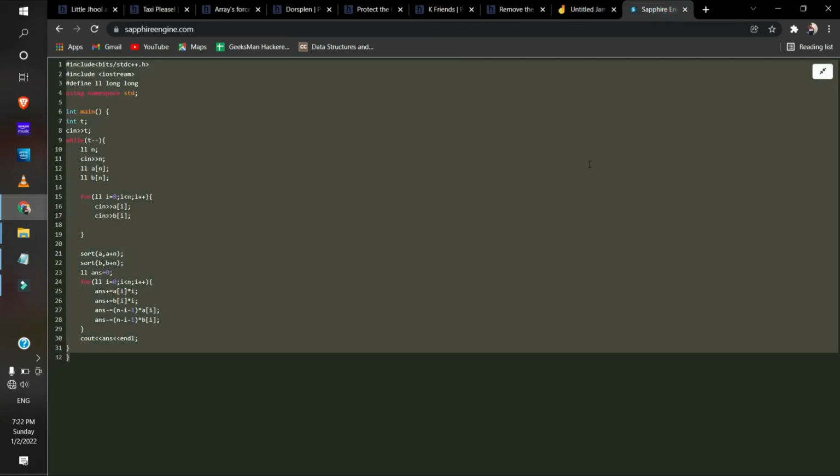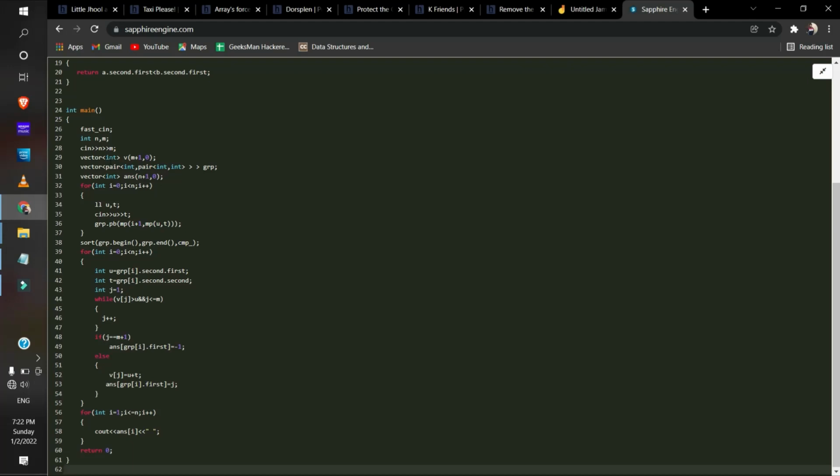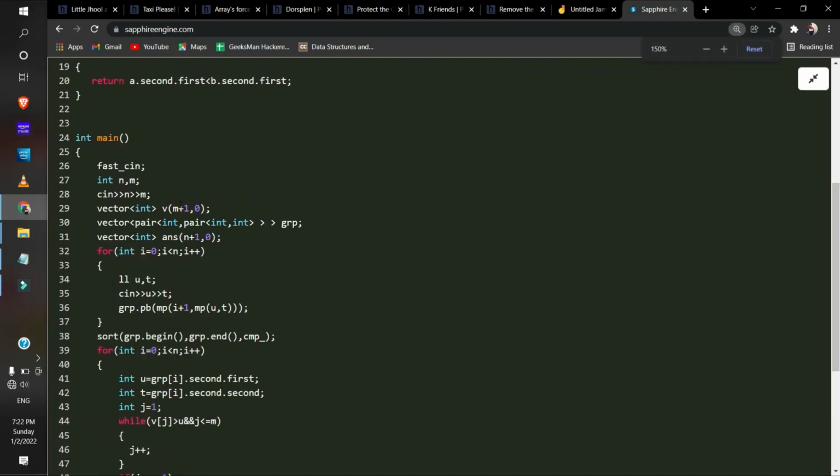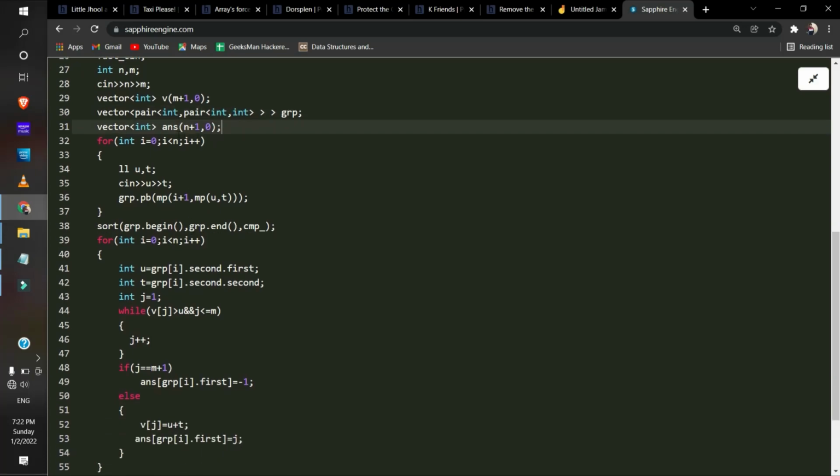So we take the vector of taxis and initialize it with 0, and we have a vector of index, departure and starting time, and we have a vector answer. We'll give the answer to everyone.